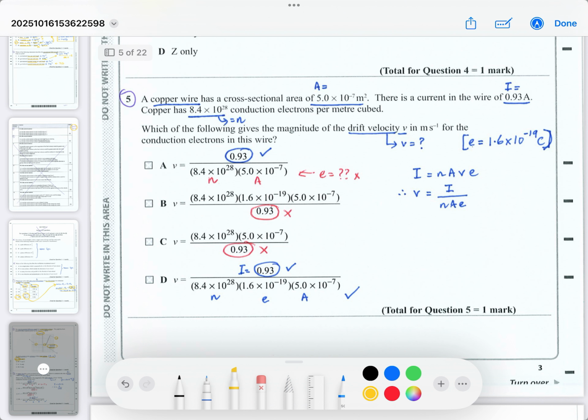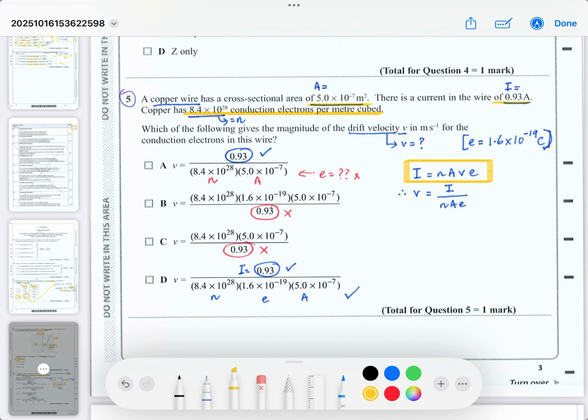Question 5 is a copper wire that has a cross-sectional area given here, and the current is 0.93 amps. It has an n value, conduction electrons per meter cubed, of 8.4 times 10 to the 28. So we're looking at this equation, the transport equation as it's sometimes called: I equals nAve, where e is the charge of an electron, because the electrons are the charge carriers in a copper wire.